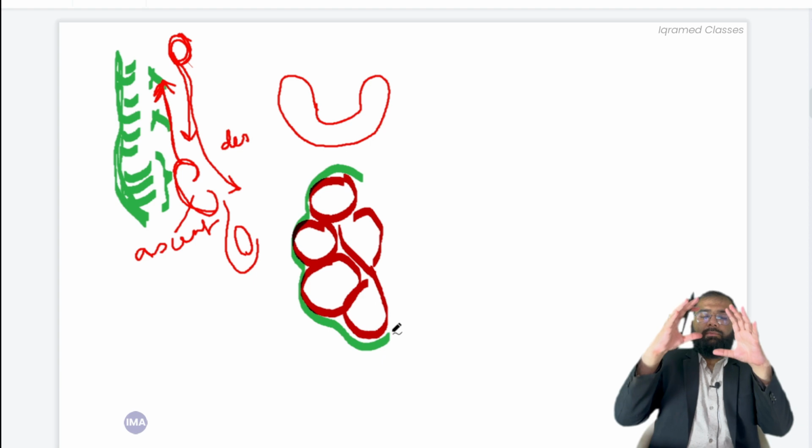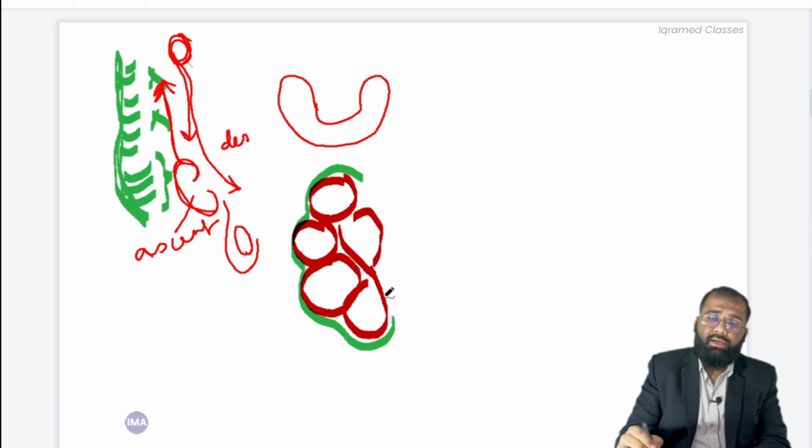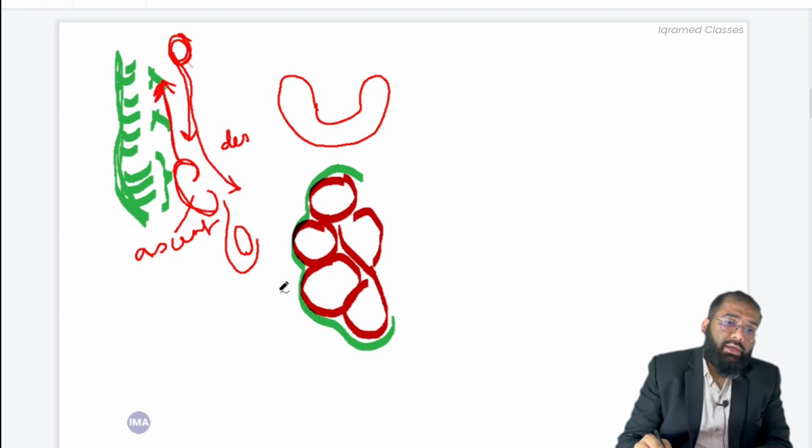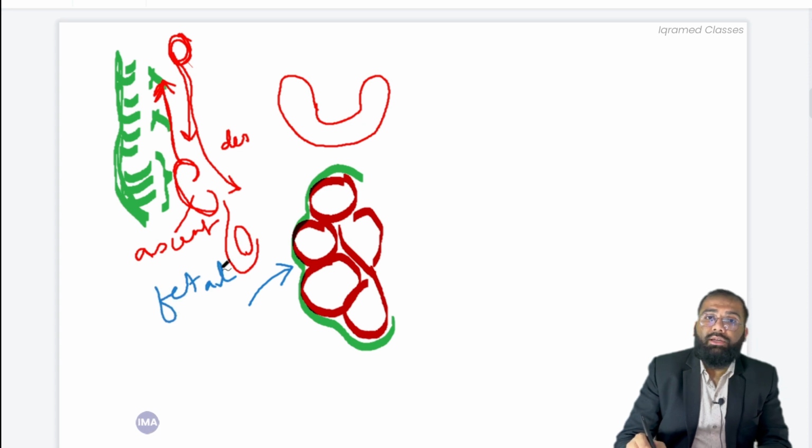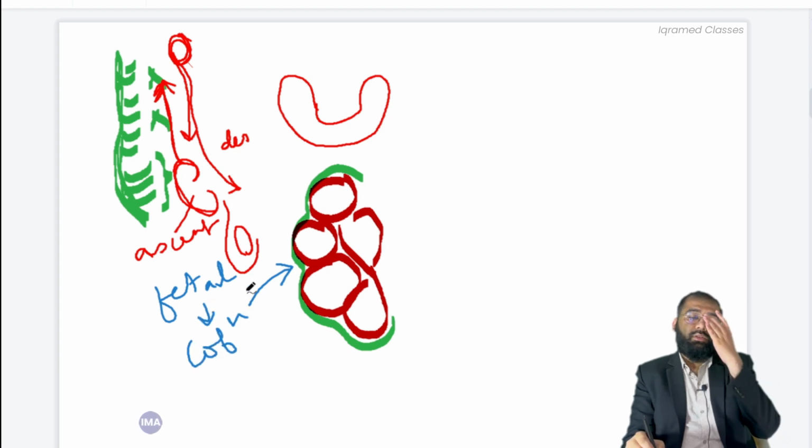As kidney develops from multiple islands which fuse and form a single kidney, you will see what is the application of this. The clinical application is that because of this embryology, you will find that the fetal kidneys have lobulations. So fetal lobulations, what you see, are a result of this embryological basis. So in fetal kidney you find that there are lobulations. That is because of this.